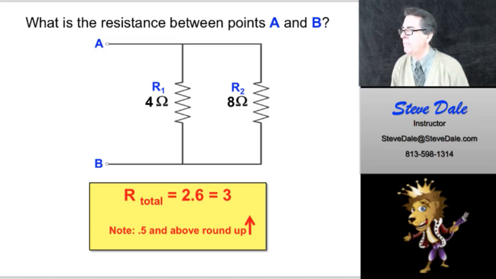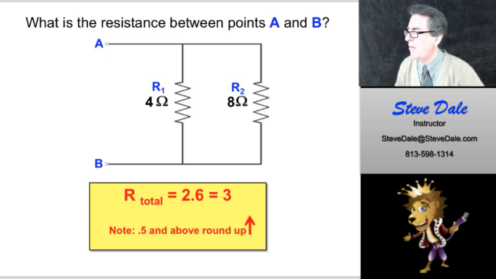Now, if it's above 0.5, in any kind of notation, whether a fraction or whatever, you can round it up. So don't be spooked if you come up with an answer of 2.6 and all you see on the exam is 3, because they just rounded it up. Anything 0.5 and above, you can round up.